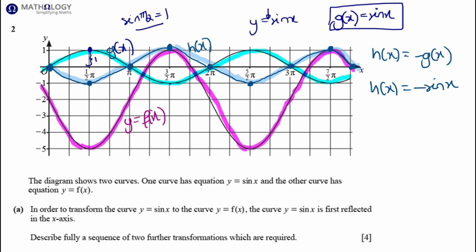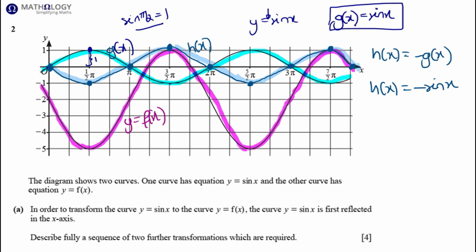We're now going to take h of x and transform it, apply two more transformations to get the curve of f of x. So if we just look at the points on h of x and the points on f of x, if we just look at the origin, when x equals 0 on h of x, the y value is 0.